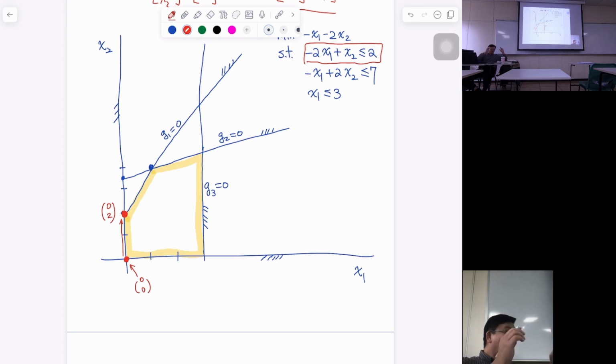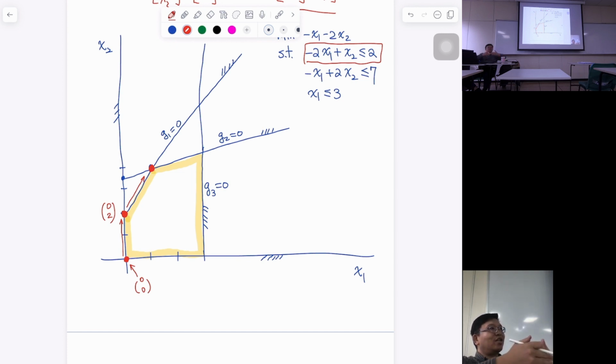Okay, so what happened next was we actually moved along this boundary. But moving from this point to this intersection point is not by increasing x1 or x2. It's actually increasing one of our slack variables, which cannot be shown here because this is just a 2D drawing.